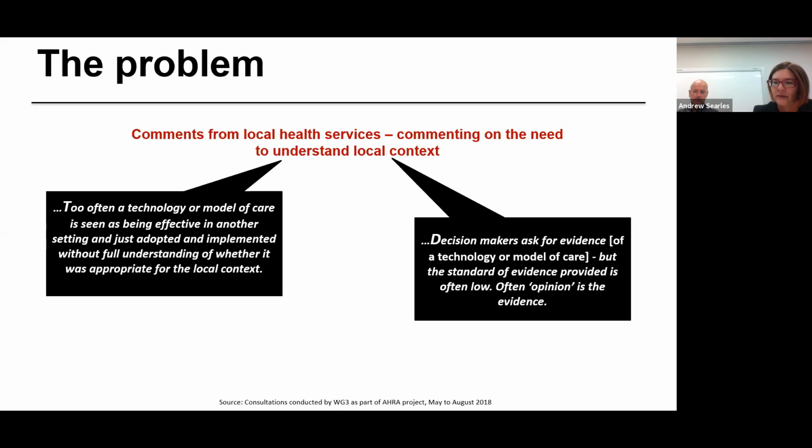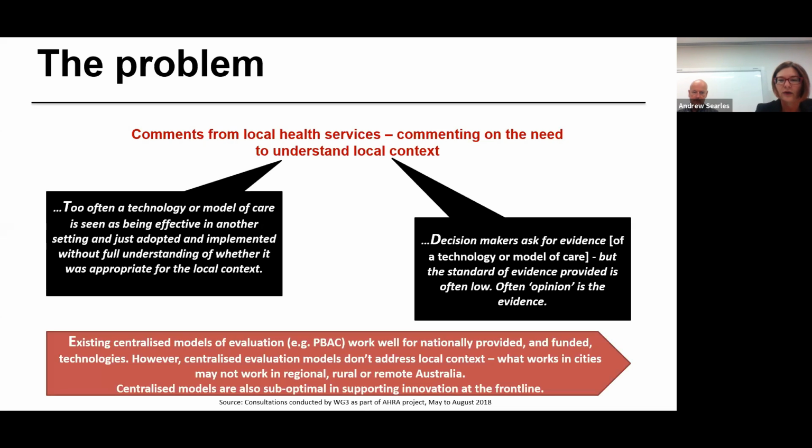So we spoke to some health services about the types of evidence that they are comfortable informing their decision making, and the range is quite considerable. So what we found was that existing centralised models work well for those nationally provided and funded technologies, but where there's local decision making around models of care, there isn't the same rigorous decision making process.